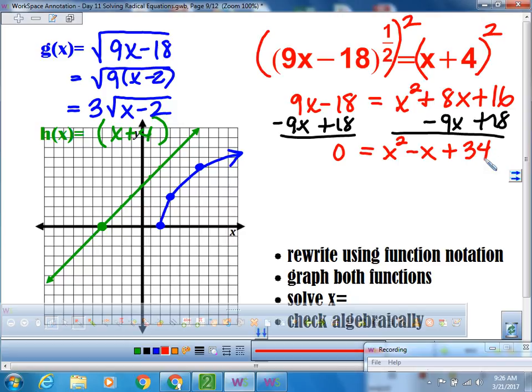I don't think there is. 17 and 2, but that's not going to make a negative x. Right? Did I do something wrong? Or does this have just imaginary solutions, right? No, we already know that there's no solution, right? We're just verifying it.